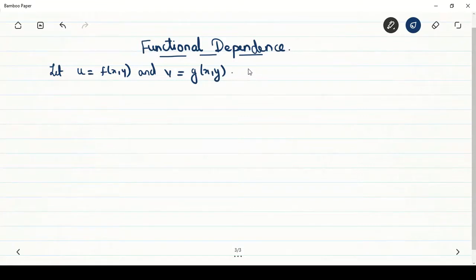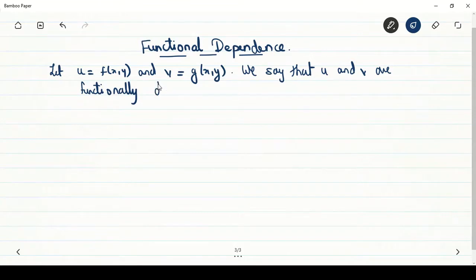We say that u and v are functionally dependent if there exists a relation between u and v.